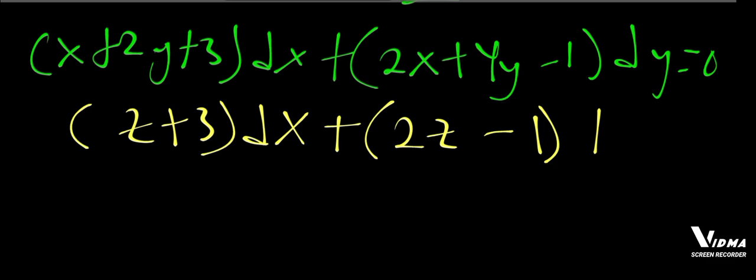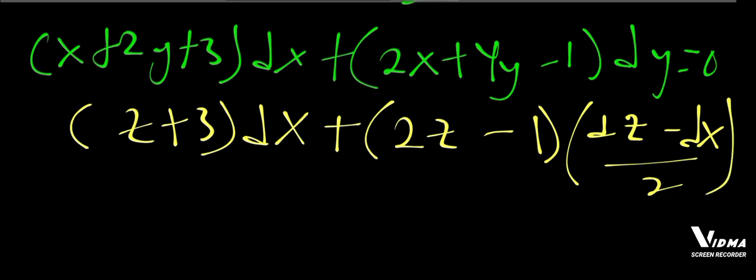And let's not forget, my dy was also (dz minus dx) all over 2. So it's equal to 0.